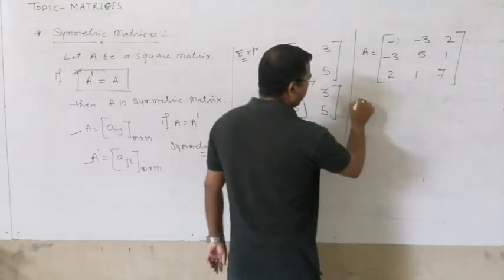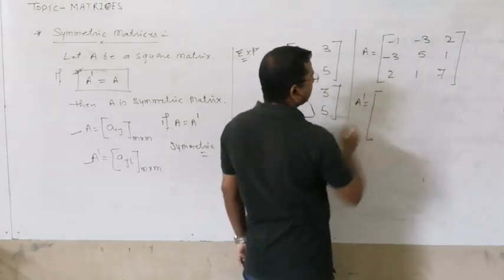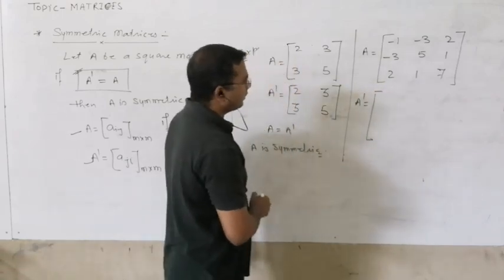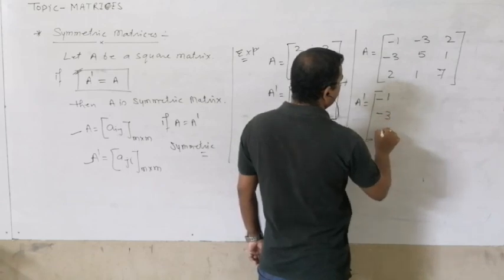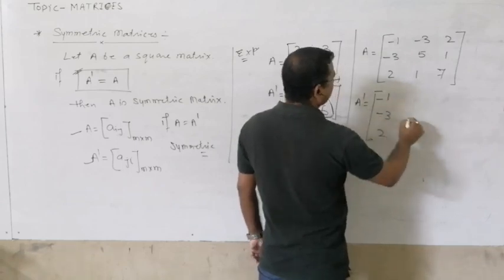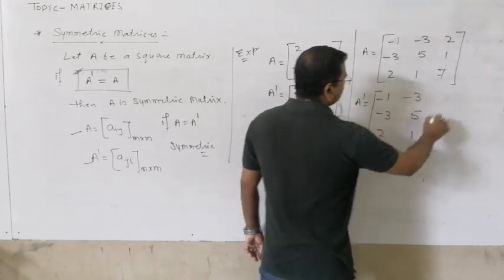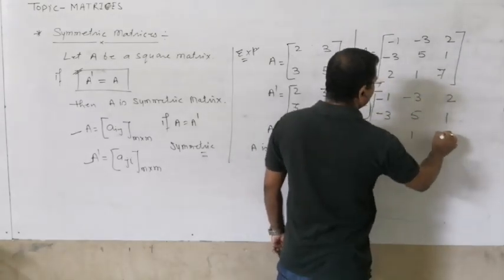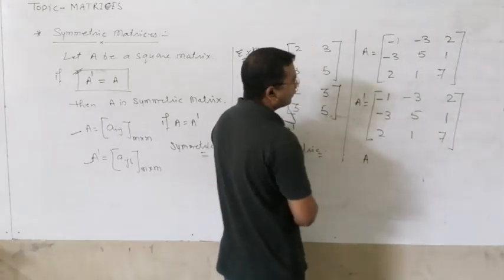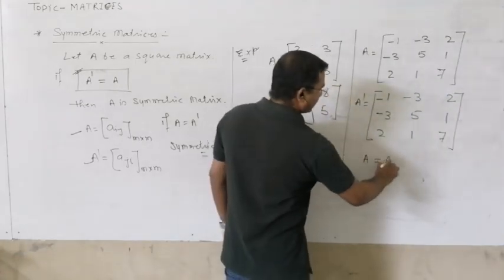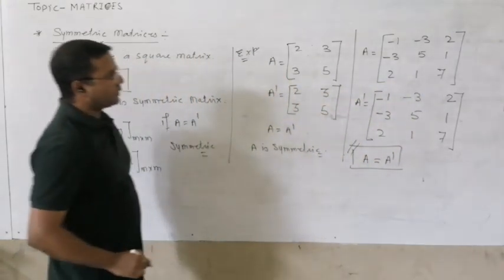See, if you will find out the transpose of this, then again you will convert R1 into C1, then you will write -1, -3 and 2. Here you will write -3, 5 and 1. Then you will write 2, 1 and 7. So here also we can see now there is no difference in these two matrices. So that is why matrix A we can say it is also symmetric.